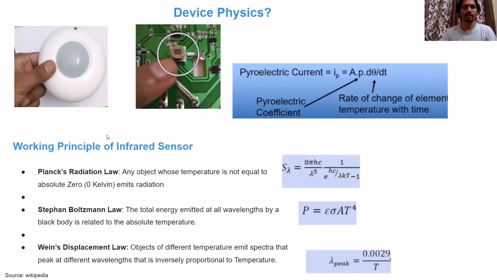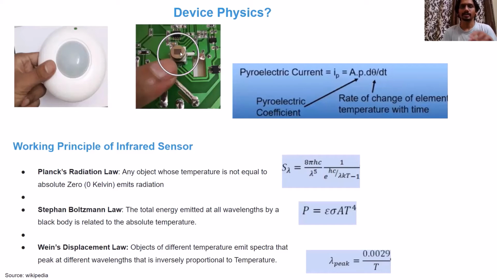So in the device, this is the PIR detector, which measures the heat radiation emitted by the object when the object moves in the vicinity of this detector, emitting radiation in the form of infrared light.